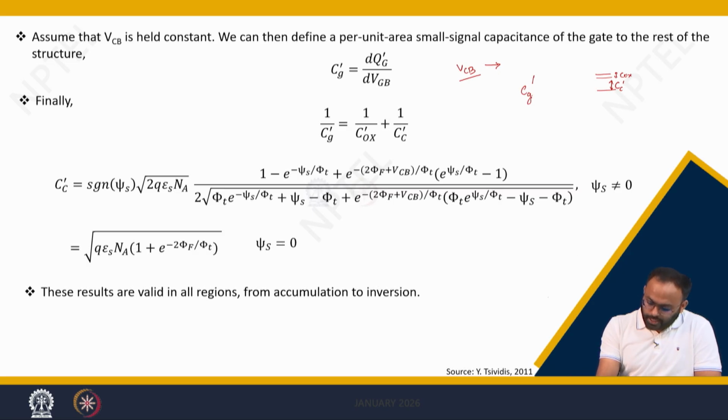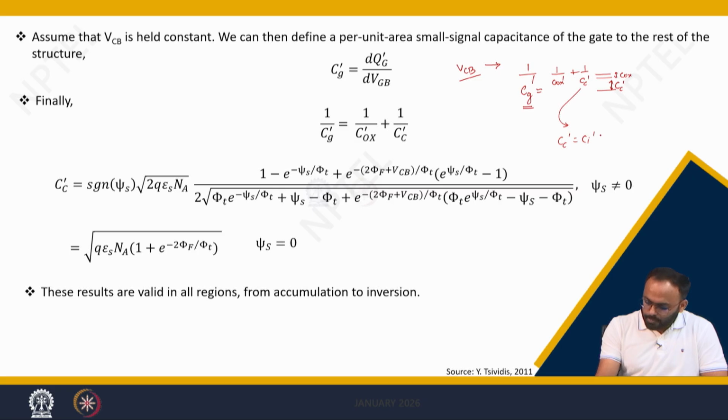Here we are not saying Cgb, here we are saying Cg dash, because now you are actually calculating the overall capacitance of a 3-terminal structure. It is not the capacitance measured between only gate to body, right. So, the overall, effective capacitance can be given as 1 over Cg dash equals 1 over Cox plus 1 over Cc dash.